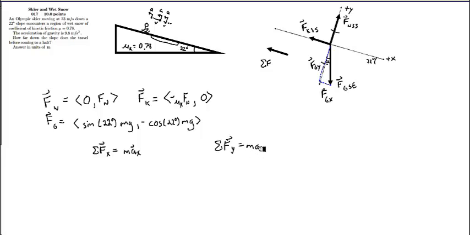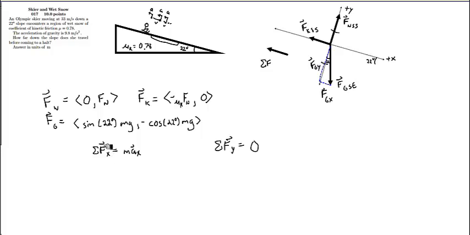And as I've said, if you choose to make your axes line up with at least one of the directions, so that one of the axes lines up perfectly with the direction of acceleration, that means when you get to this step, one of these can equal 0. So as you see, the acceleration is all in the negative x direction. No part of the acceleration is in the y direction, so that means the y component of the acceleration is 0, which means we can change this to 0.